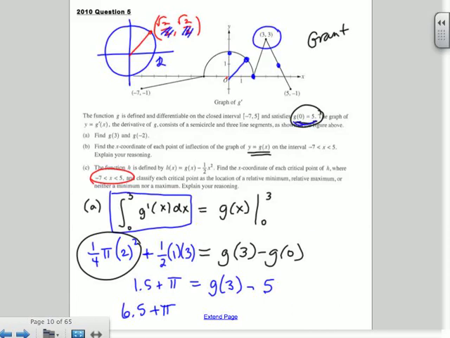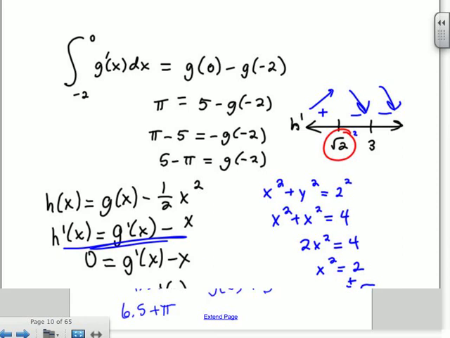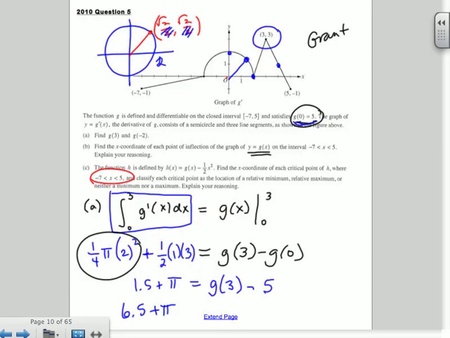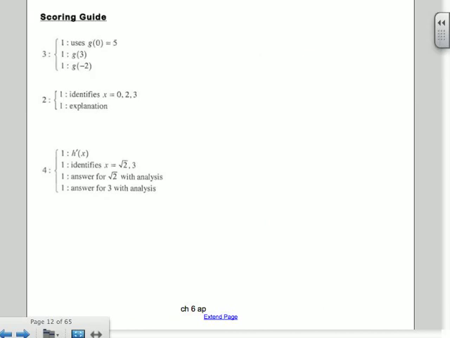Part B, identifying 0, 2, and 3 as the different places there was a point of inflection, and then the explanation for that. And then the last one, finding h prime of x correctly, which I think all of you could get a point for. Identifying the 2 places, so square root of 2 and 3. Some of you might have missed the square root of 2, but you would have all gotten the 3, I would think.